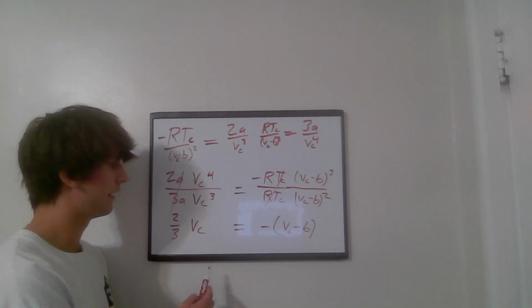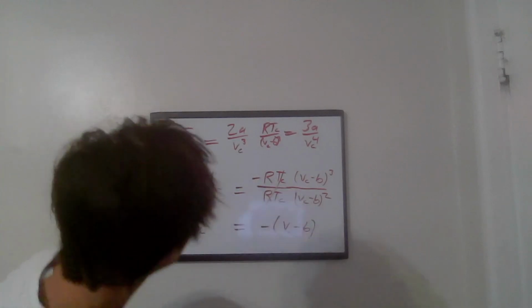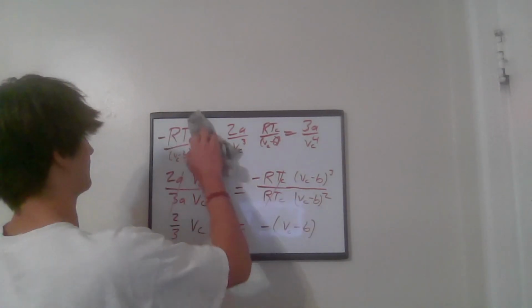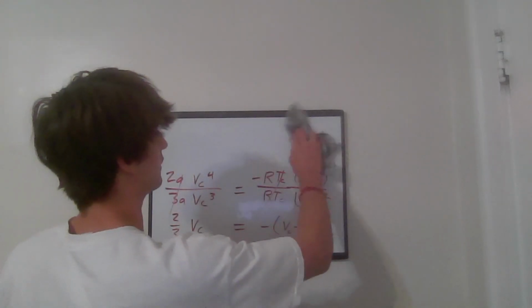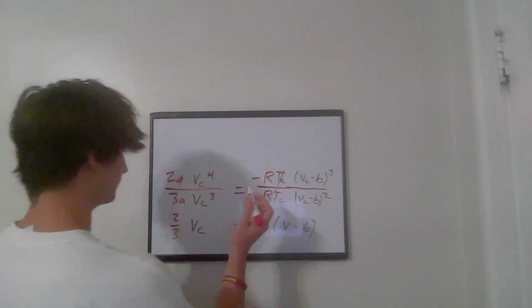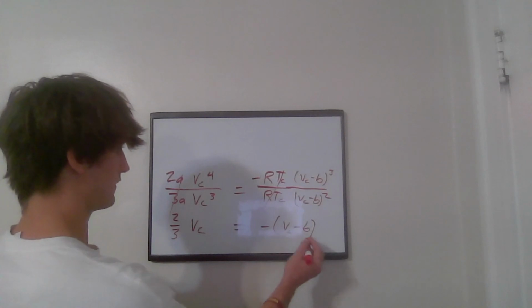Now we can find our a and b values, but first it looks like we want to find our b value. So let's do that. Let's find out what this is going to be. So we have this 2/3 VC minus our VC here.